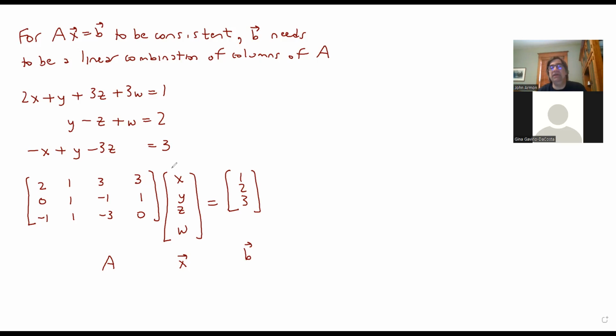So now when you're doing this, you set up the augmented matrix and then go for either REF or RREF. So let's do it that way. Set up the augmented matrix. And to save us a little bit of time, I have the RREF for this one.